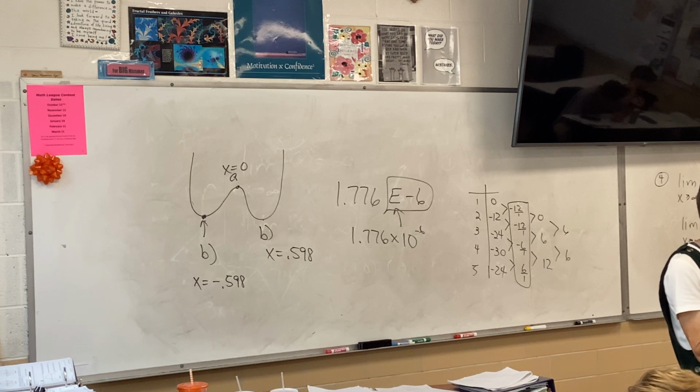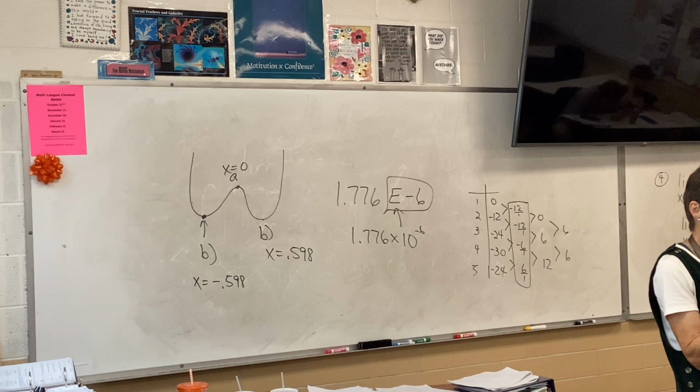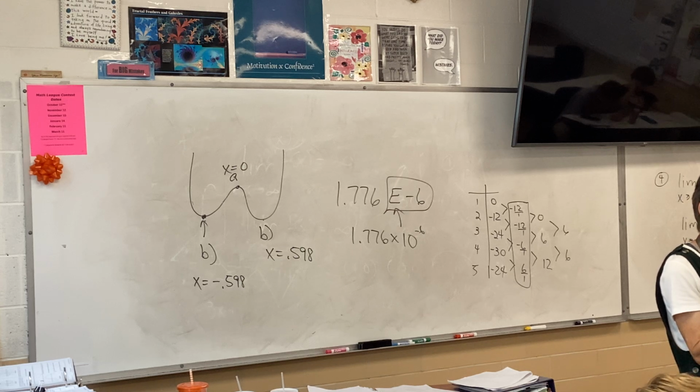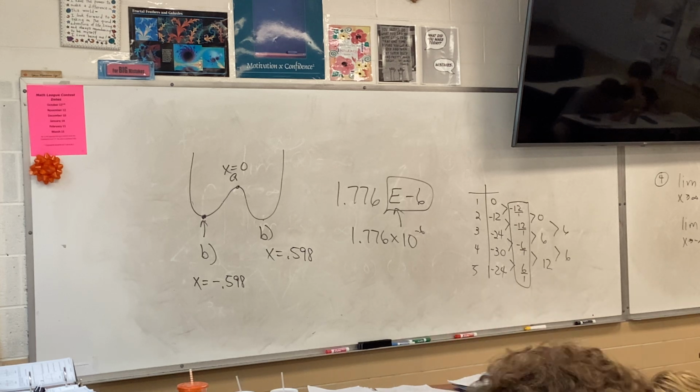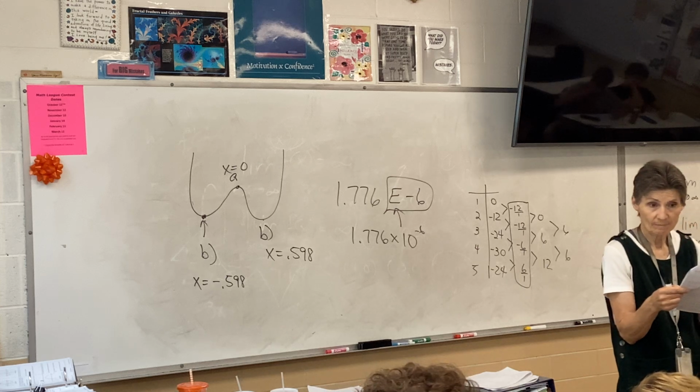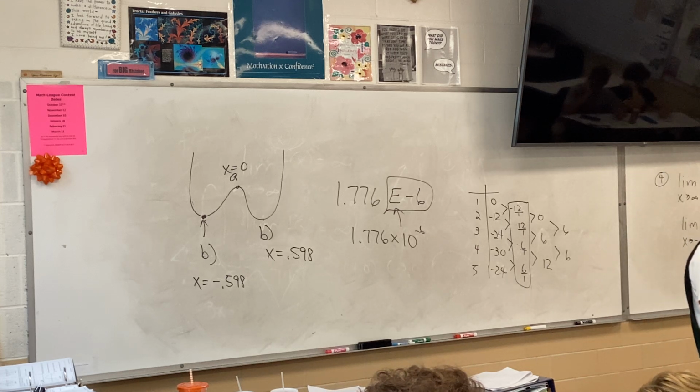So one of them is at negative 3, and one of them is at 5, where x is negative 3 and x is 5. Everybody okay with that? Do I have an absolute maximum in this picture? No, because I have arrows. Do I have an absolute minimum? Yep, and it's where x is negative 3.